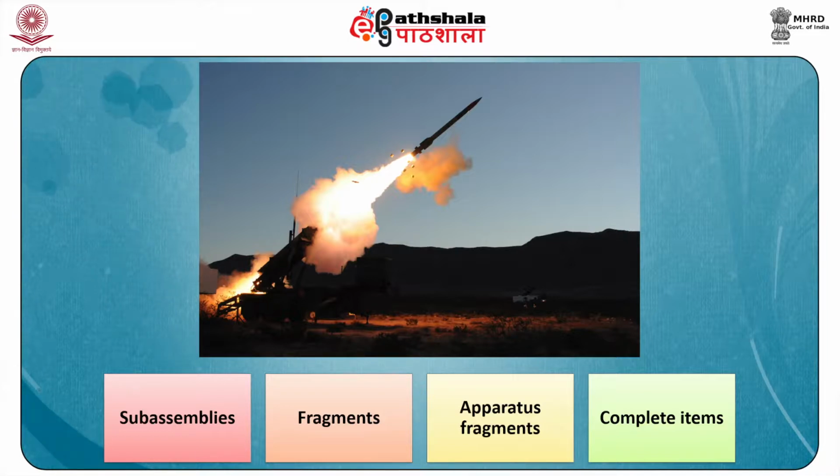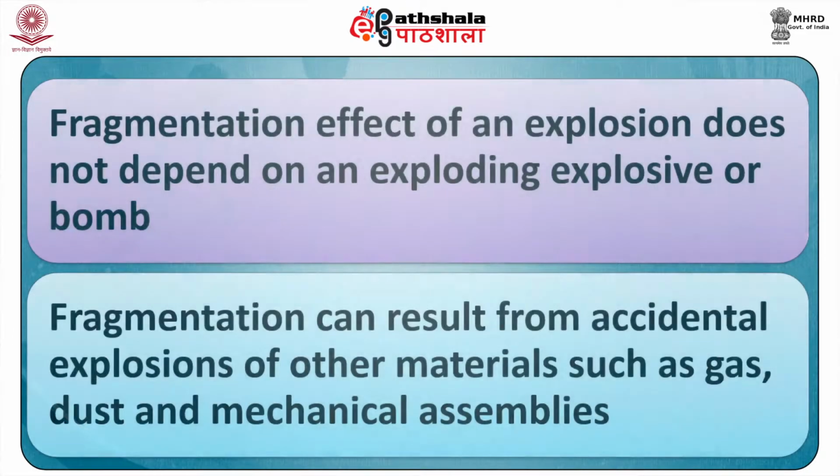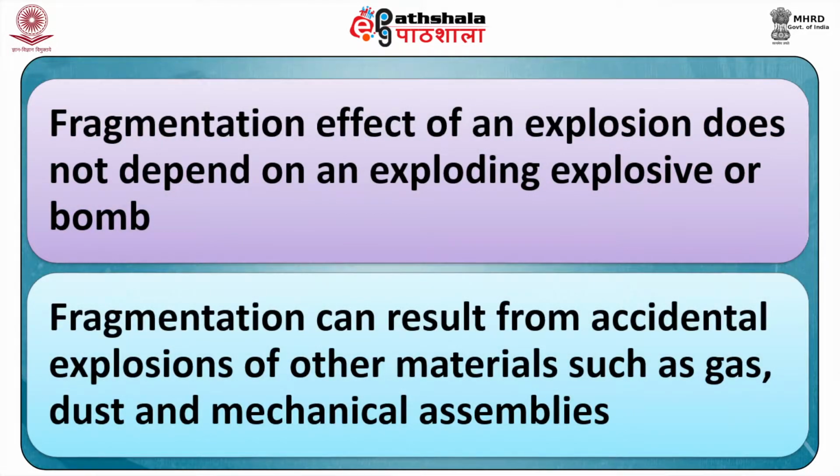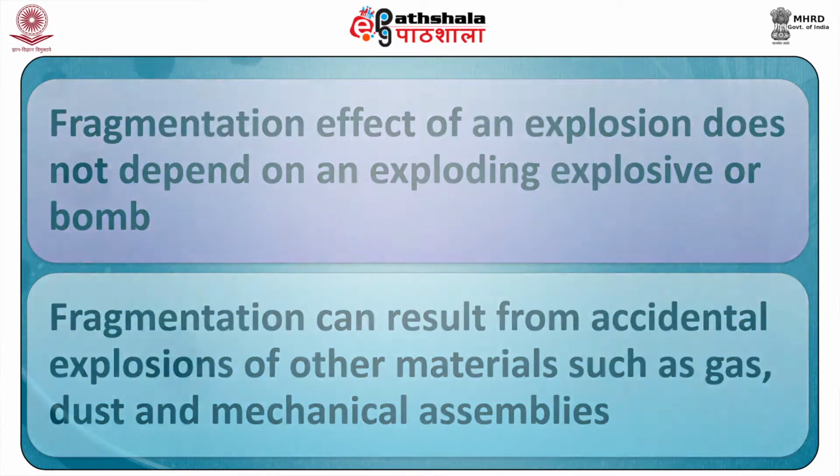It may be sub-assemblies or fragments of the apparatus or the constructions or the complete items. Fragmentation effect of an explosion does not depend on the exploding explosive or bomb. Fragmentation can and does result from accidental explosions of other materials such as gas, dust and mechanical assemblies.